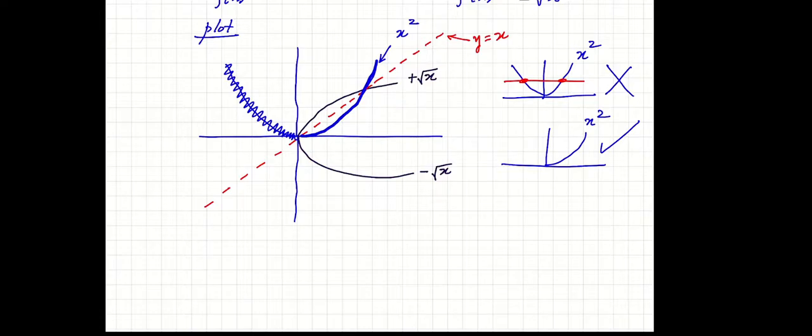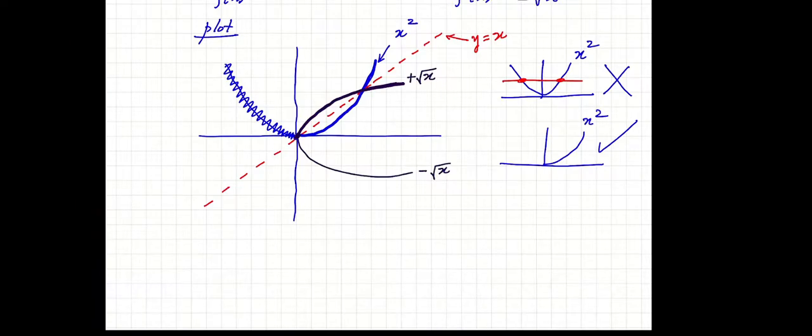symmetry, right? If you think about the symmetry, this is what it is. So you are going to disregard this part, right?